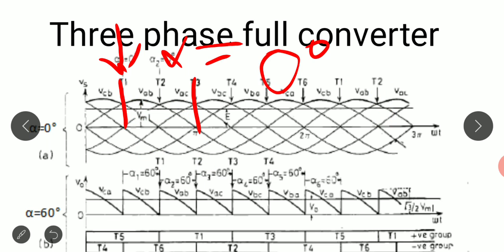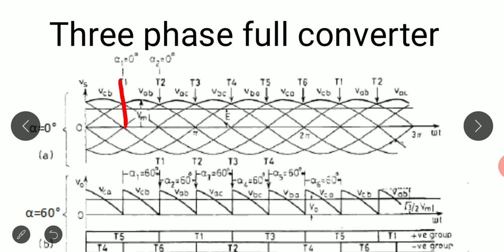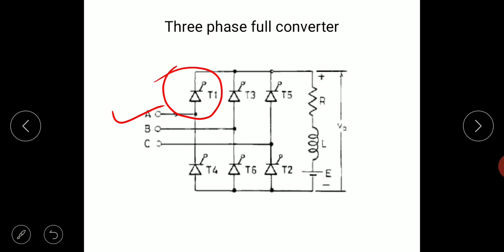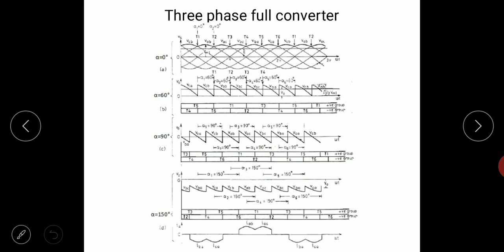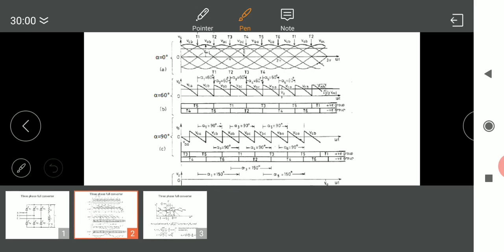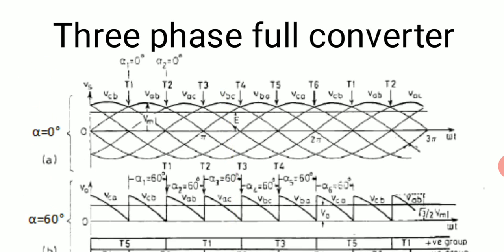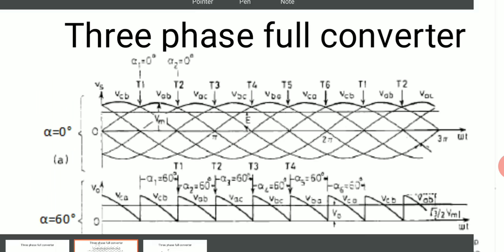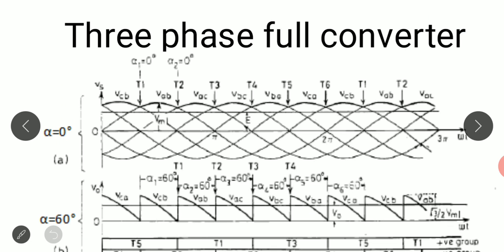Now if we talk about T2, then T2 can be triggered when C is negative with respect to A and B. So let us see when C is negative. If you check this voltage, then this is VAC.